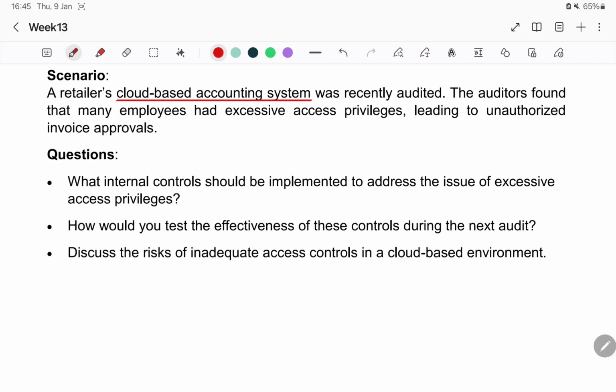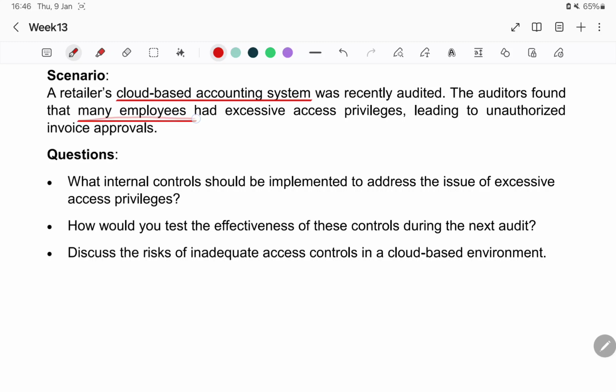It is like you log into your Google Drive and store things in the Google Drive. The same logic applies to the accounting system. You don't need to install the system. Go to the browser, type the URL link, then you can use the accounting system already. So, what's the problem over here?